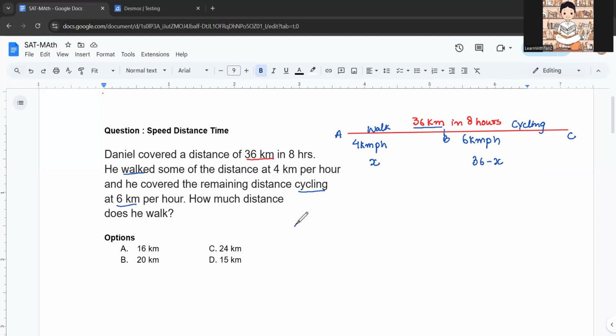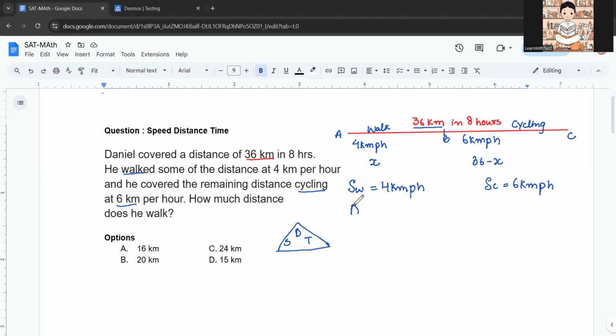So speed, distance, time. Let me make that triangle again. Speed is equal to distance over time. So we have three parameters here. We have speed of walking as 4 kilometers per hour. We have speed of cycling as 6 kilometers per hour.